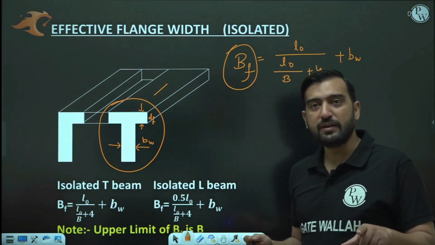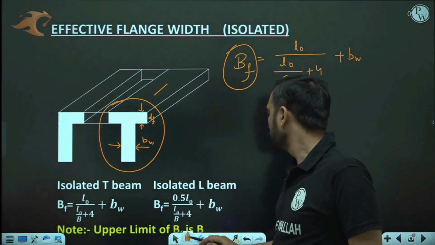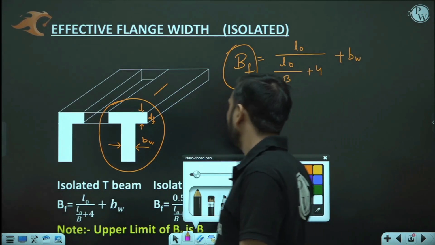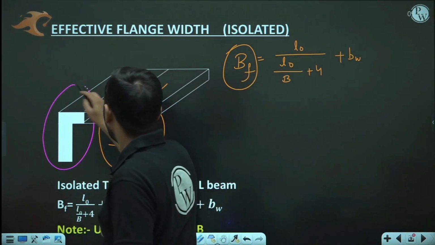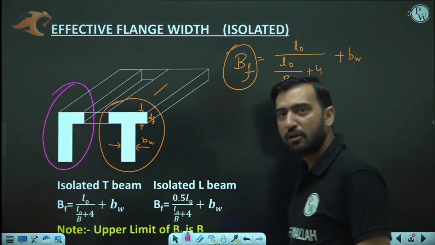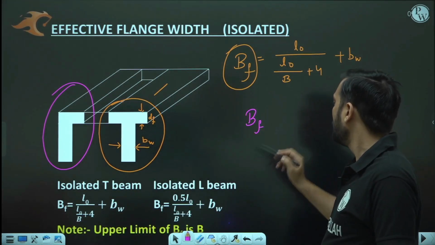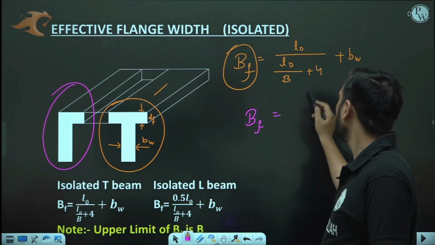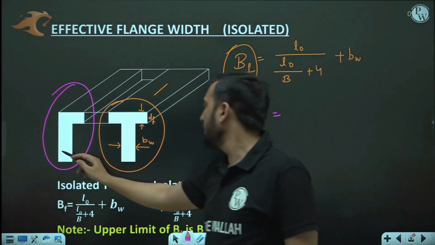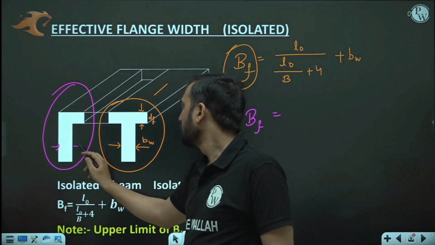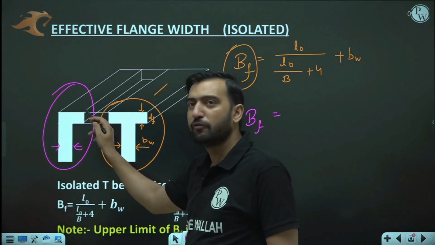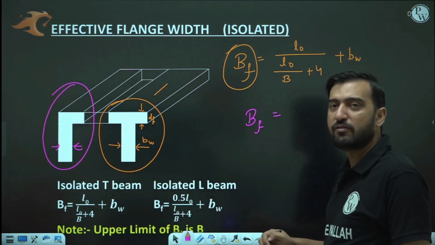Similarly, my dear friend, for an L beam, what would have been the case? Here you can see that the BW portion is the same. The difference comes only in the flange. Here the flange portion other than the web is half.